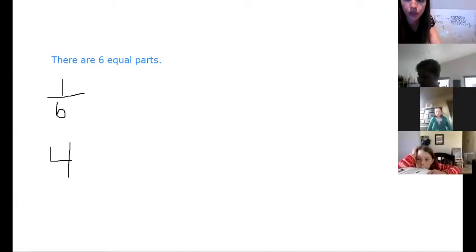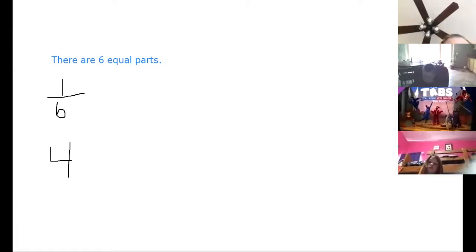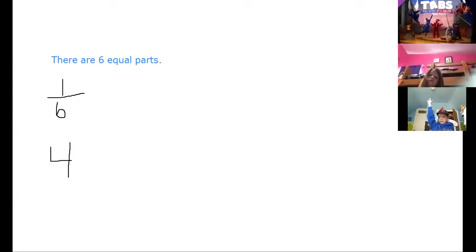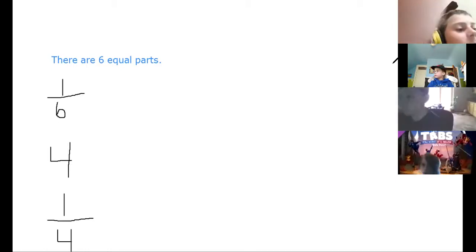And what would our unit fraction be? How many of the equal parts are shaded? Go ahead, Jack. 1/4. Perfect. So then on the second line, we have 1/4. We would call it 1/4 because only one of the parts is shaded. Any questions on how we found those answers?